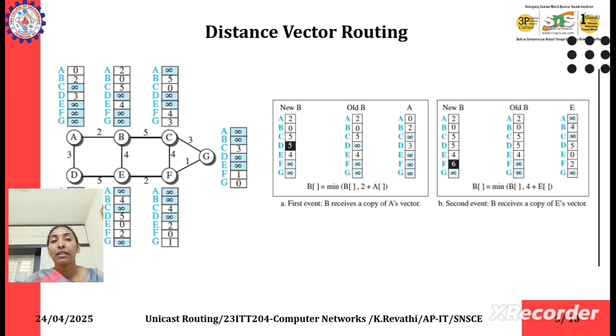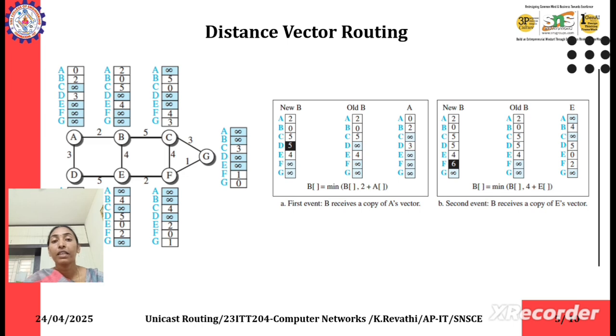Then B has three immediate neighbors, so the distances of those three nodes are denoted directly in the routing table, and the other entries are infinity. Then the C routing table: A is infinity, C to B is 5, C to D there is no link, so infinity, C to E is infinity, C to F is 4, and C to G is 3.